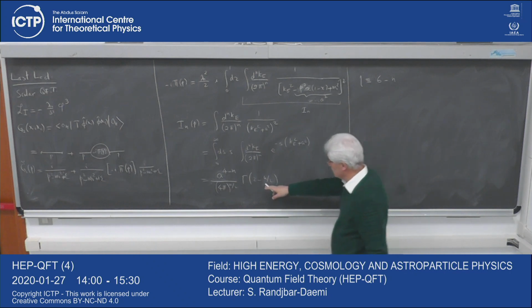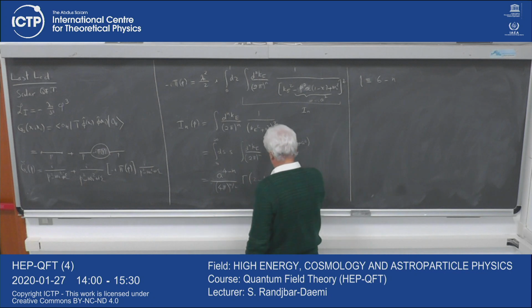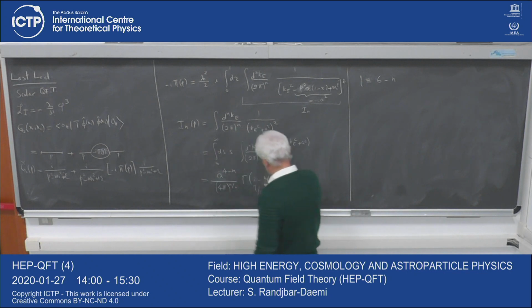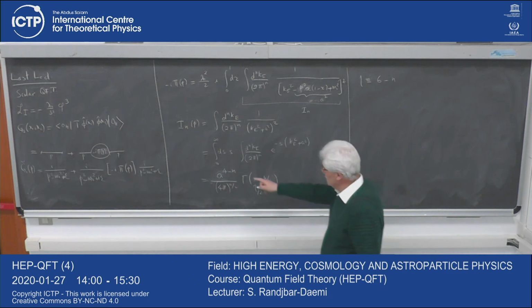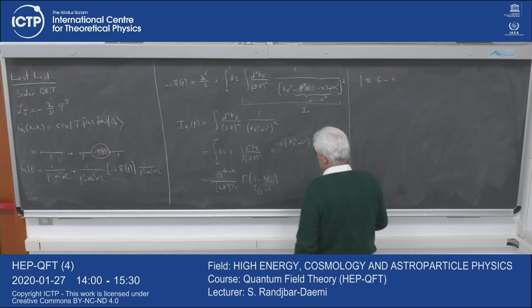So in particular, this object here becomes eta over 2 minus 1, the argument of the gamma function. This one becomes a squared times a to the power eta, for example.